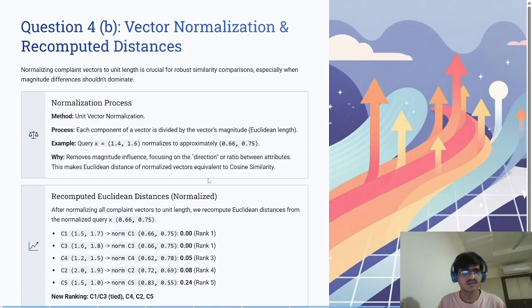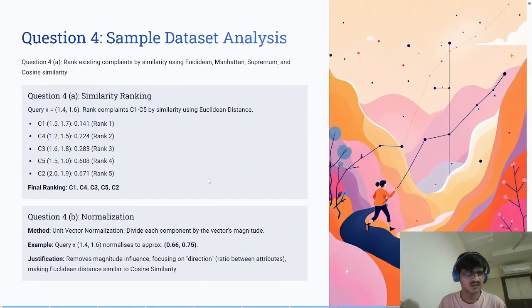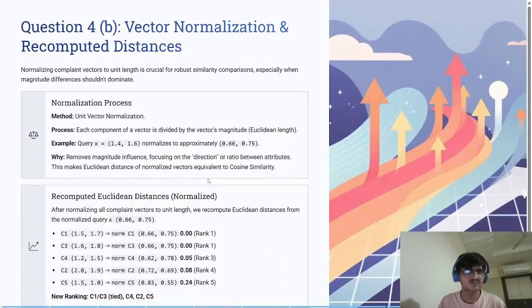Now looking at the B part of question 4, vector normalization and recomputed distances. Normalizing complaint vectors to unit length is crucial for robust similarity comparisons, especially when magnitude differences shouldn't dominate. This method is unit vector normalization.